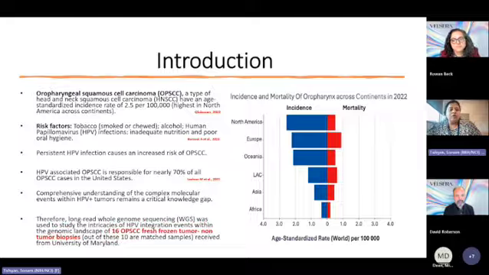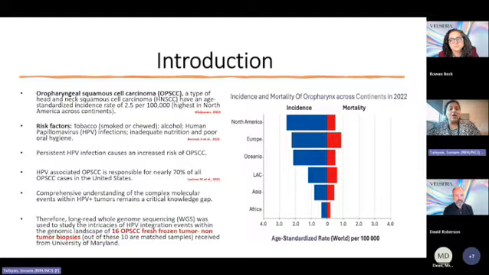They include tobacco, whether in the form of smoke or chew, alcohol, human papillomavirus infection, inadequate nutrition, and poor oral hygiene. Persistent HPV infection increases the risk of OPSCC, and is responsible for nearly 70% of all OPSCC cases found in North America.